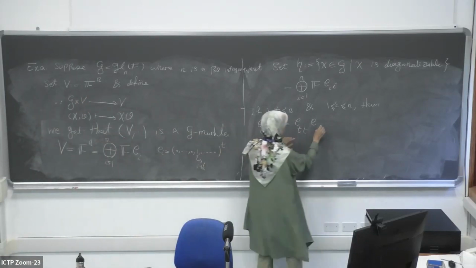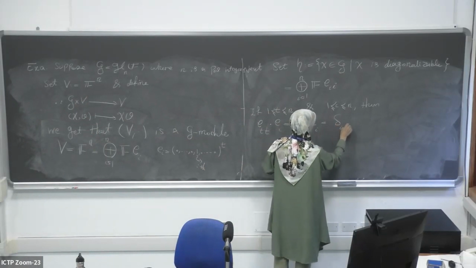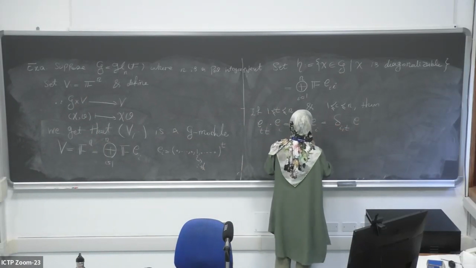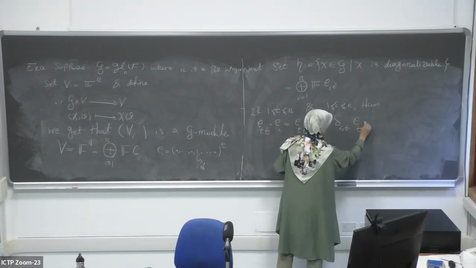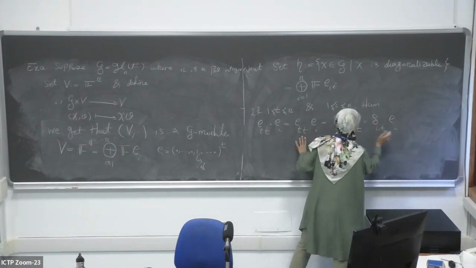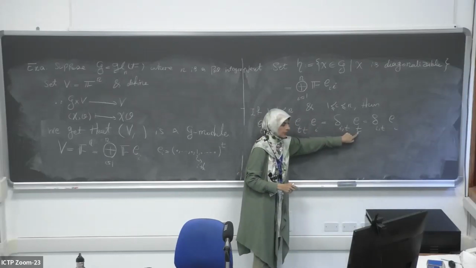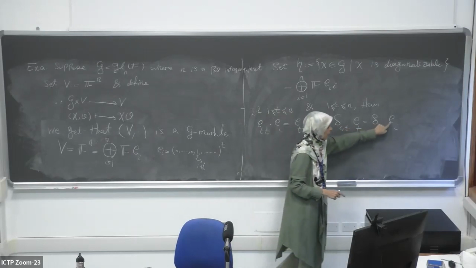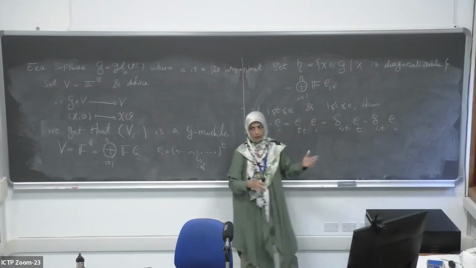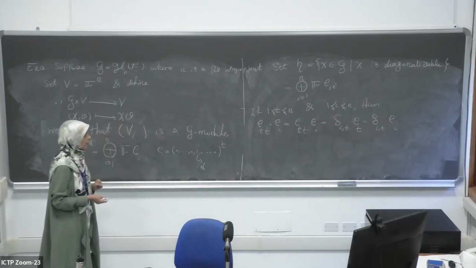And what is this product? It is delta_it e_t, but it is delta_it e_i, because if i equals t, t is i, so I can put it e_i, and otherwise it is 0. So these are equal.